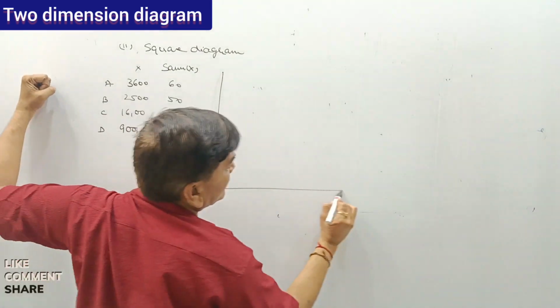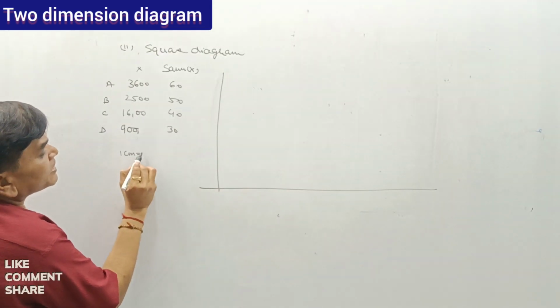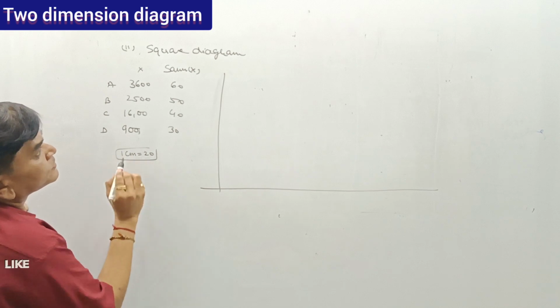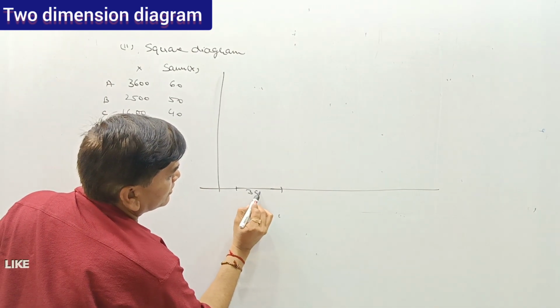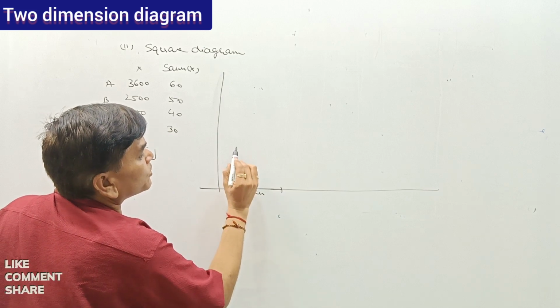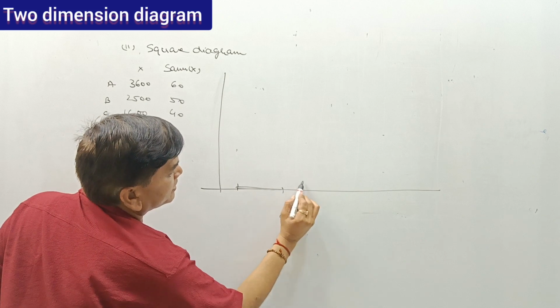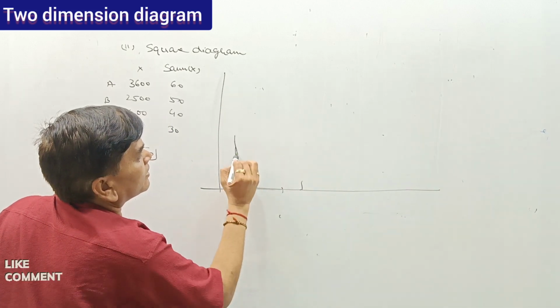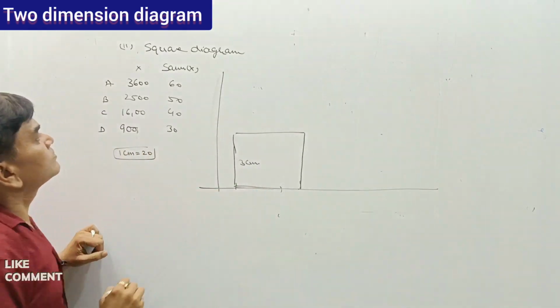Now we are drawing the square diagram. Suppose 1 centimeter is equal to 20. So we are having 3 centimeter. So first square is 3 centimeter. This is 3 centimeter square.